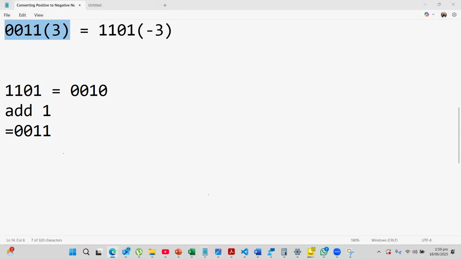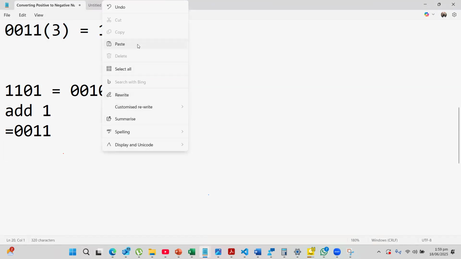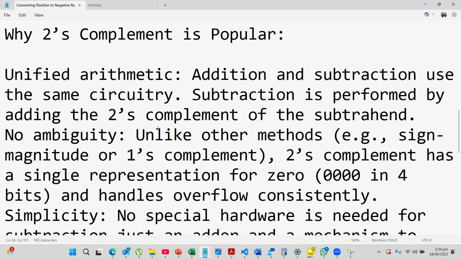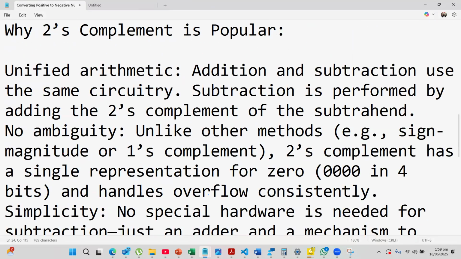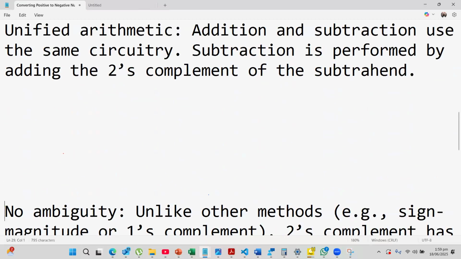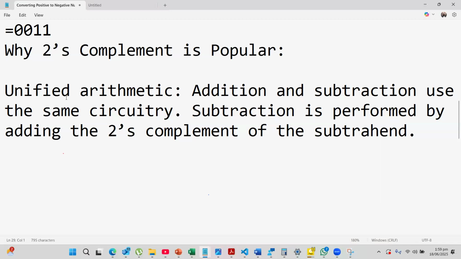Why do we use the 2's complement? Why is the 2's complement very, very popular when people are building computers? They are very popular because, number 1, unified arithmetic.